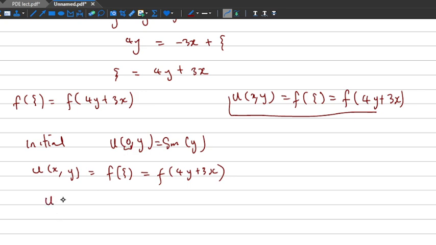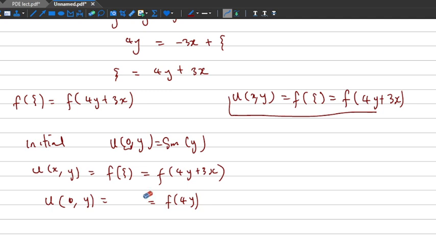So u of 0 comma y equals f of psi, which would be f of 4y.